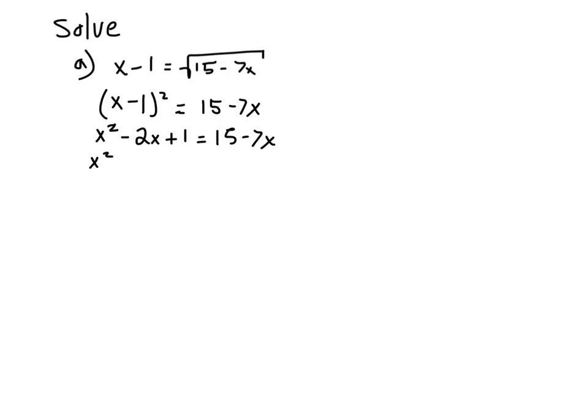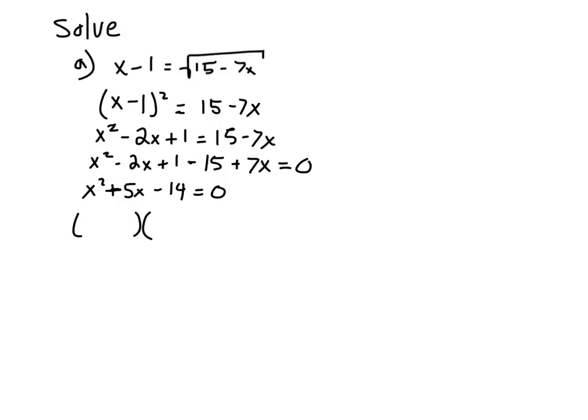So I'll have x squared minus 2x plus 1 minus 15 plus 7x equals 0. Let's combine like terms. I'm going to take this negative 2x and this plus 7x and combine those two terms, so I'll be left with plus 5x. And then I'm going to take this plus 1 minus 15, combine them, left with negative 14. Okay, so I'm going to go ahead and factor this.